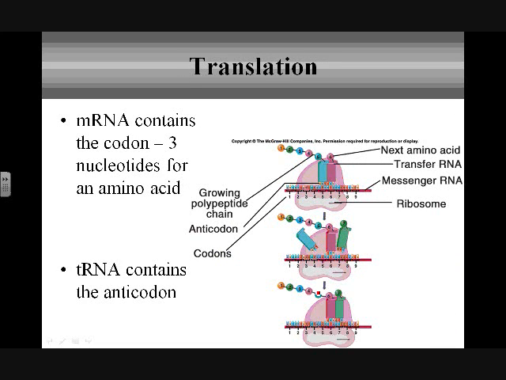Then we move on to translation. In translation, the mRNA, which remember, DNA is read in triplets, so that means mRNA is going to be read in triplets. All right, but the mRNA triplets are referred to as being codons. Right?